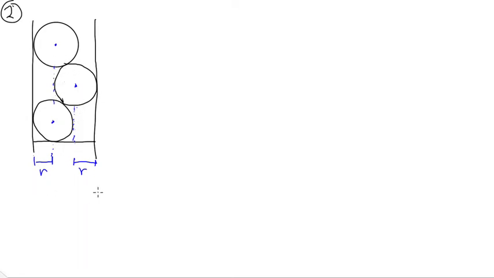which means then if the total width is 3r, then this in the middle has to also be r. And what that means is that the horizontal separation between this point and this point is r, and the distance between these 2 points is 2r.